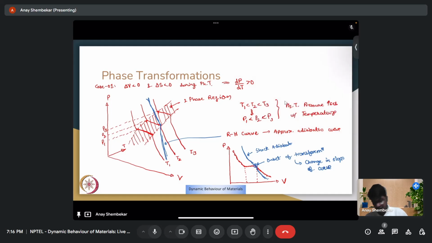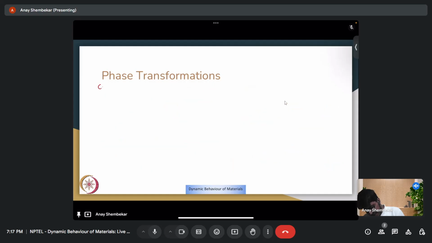Another case we could have, and this is a much rarer case, is if you have a decrease in volume but an increase in entropy. This predicts your transformation pressure to decrease with increase in temperature.